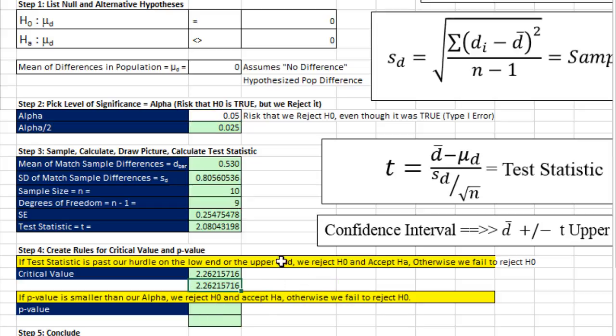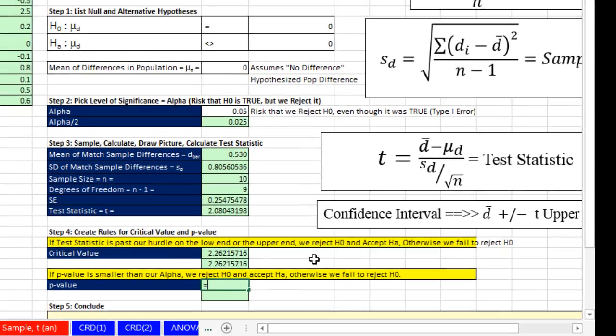Now, from our critical value and our test statistic, we already know what our conclusion is. But let's calculate the probability of getting this value or more on either side, both the upper side and the lower side. So p-value is the probability, so it's equals T.DIST. Now, what are we going to do here?